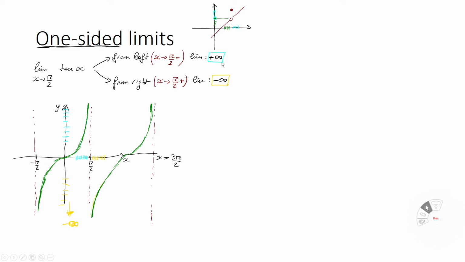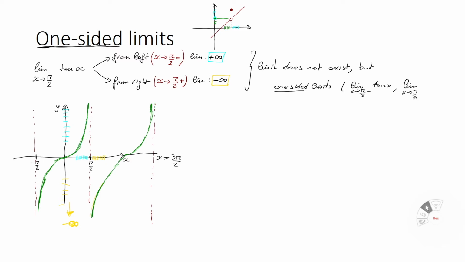And so we have a situation in which the limit itself does not exist, but the one-sided limits do: the limit of tan x as x goes to pi over 2 minus, from the left-hand side, and as x goes to pi over 2 plus, from the right-hand side.